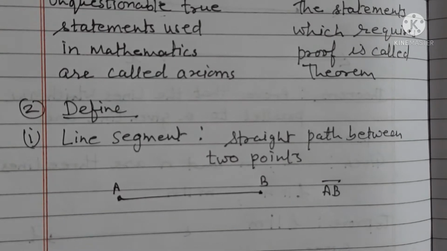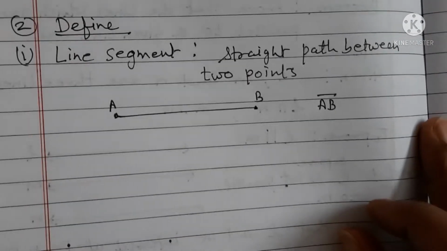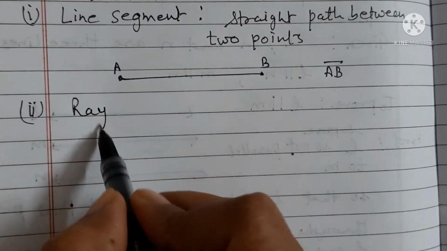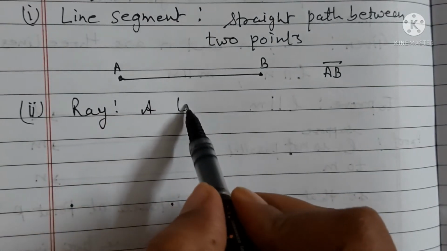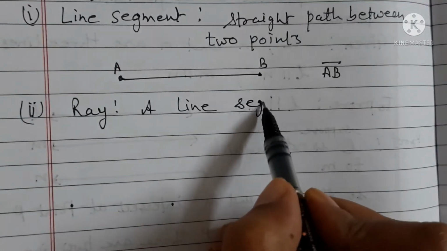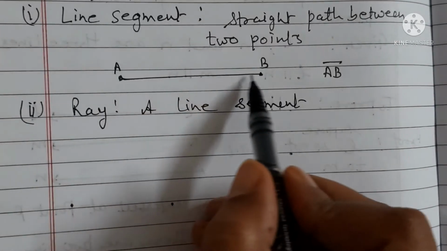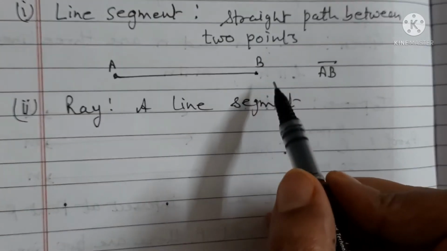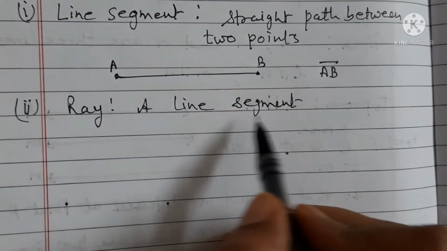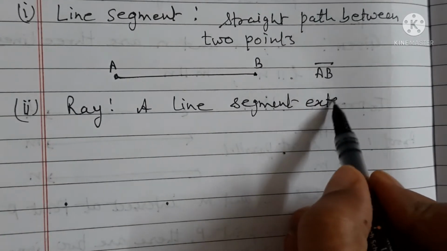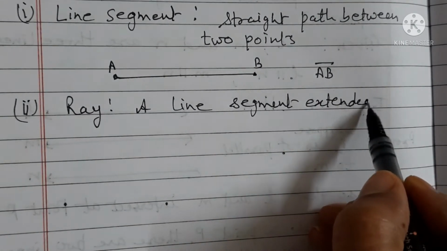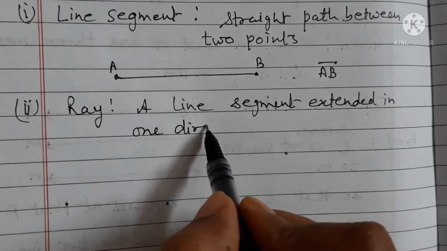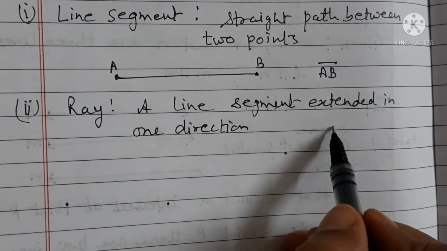Second is ray. A line segment extended in one direction endlessly is called a ray.